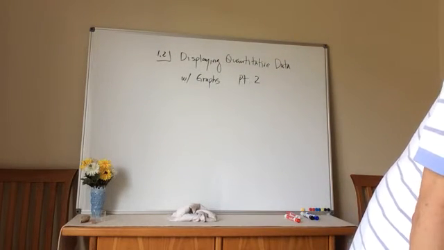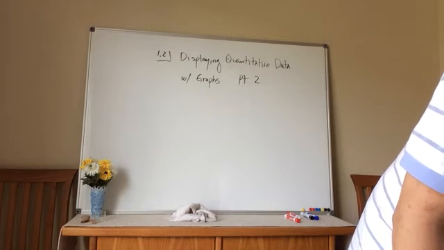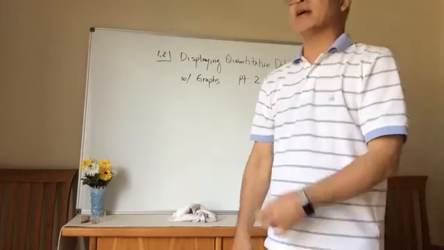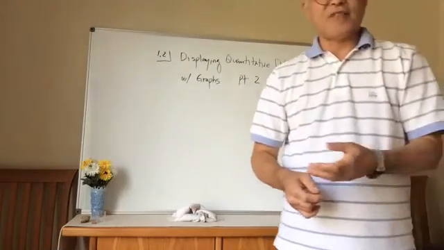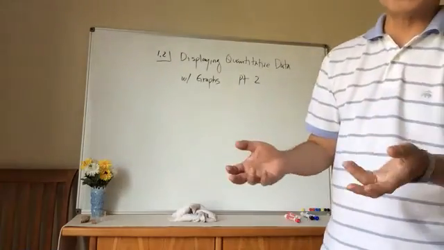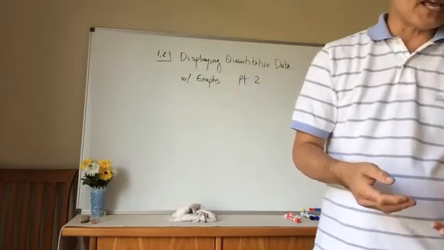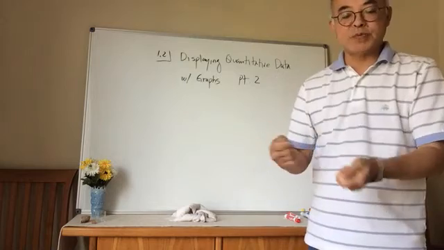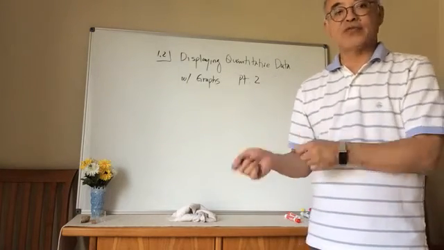Number 2, use percents or proportions instead of counts on the vertical axis when comparing distributions with different numbers of observations. In other words, you cannot compare distributions if one of them has a population size of 1,000 and the other has a population size of 10. If you want to compare those two distributions, you're going to have to use the relative frequency, not the frequency itself.